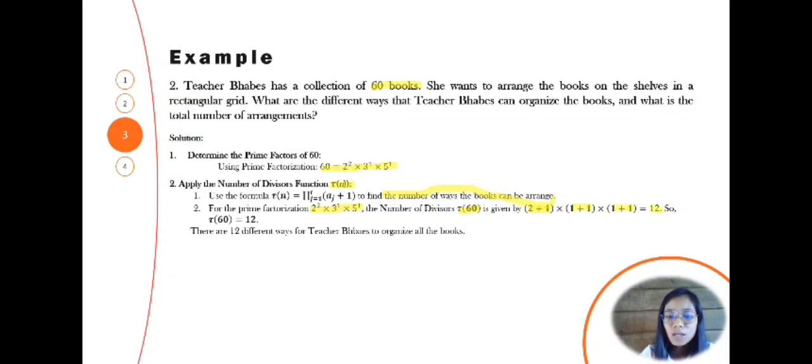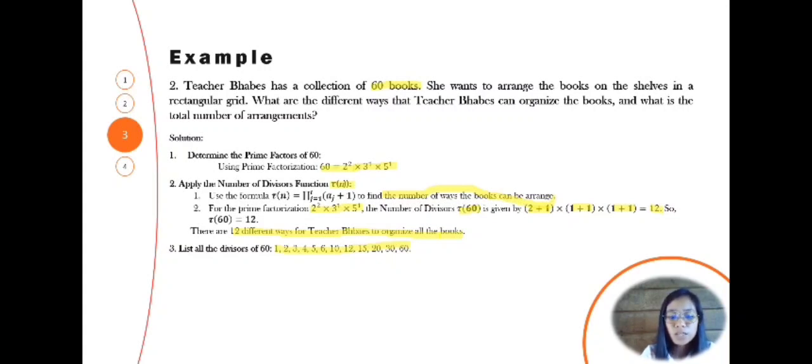This means there are 12 different ways for Teacher Babes to organize all of her books. Then we list all the divisors of 60. As you can see, we have the divisors 1, 2, 3, 4, 5, 6, 10, 12, 15, 20, 30, and 60.